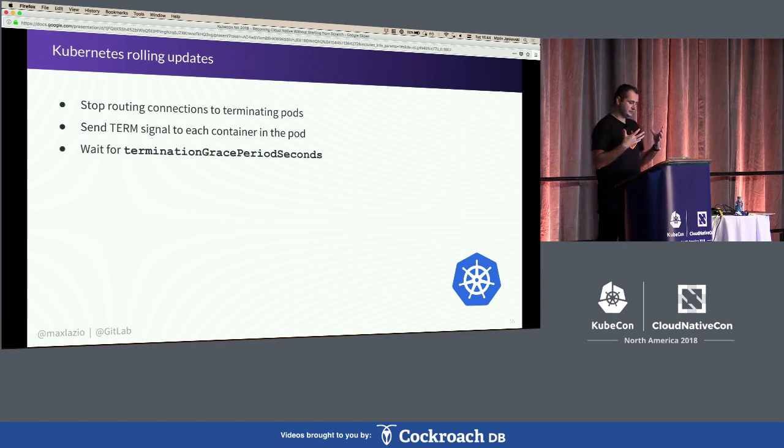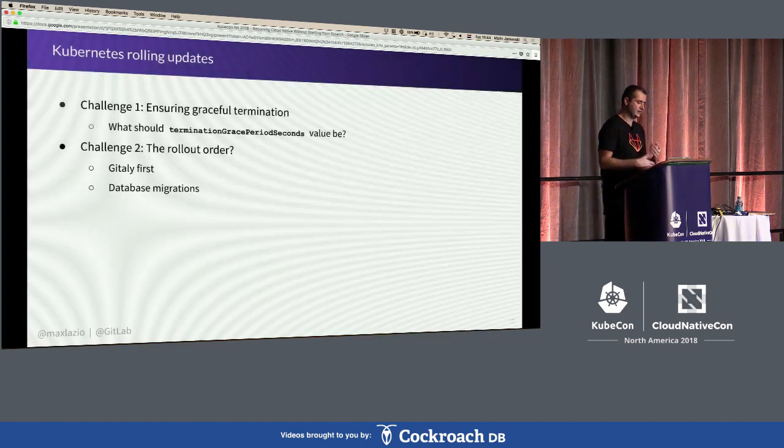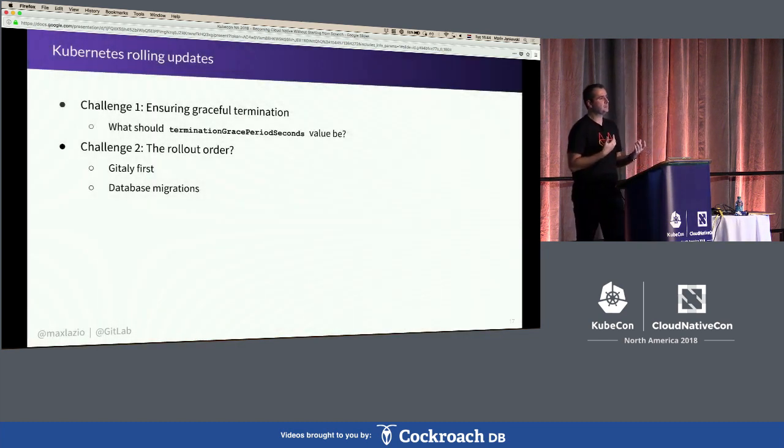Now, that is fine for serving stateless traffic, but when you have to deal with arbitrarily large files that Workhorse or Unicorn will serve, you can't really wing it and guess what that value will be.